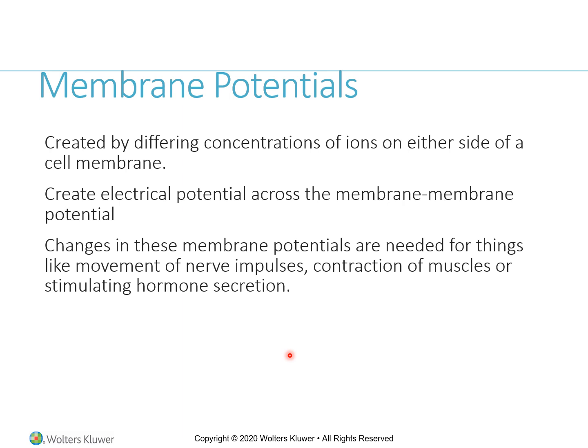So changes in these membrane potentials are necessary for things like movement of nerve impulses within the body, for contraction of muscles, for stimulating hormone secretion. So maintaining these membrane potentials and changing them when signaled within the body is essential for all of these things like nerve impulse, contraction of muscles, hormone secretion.